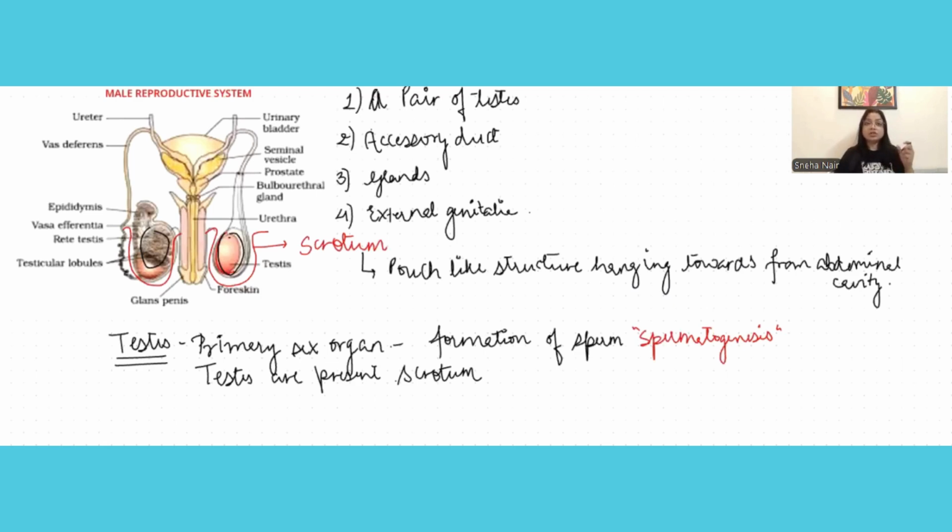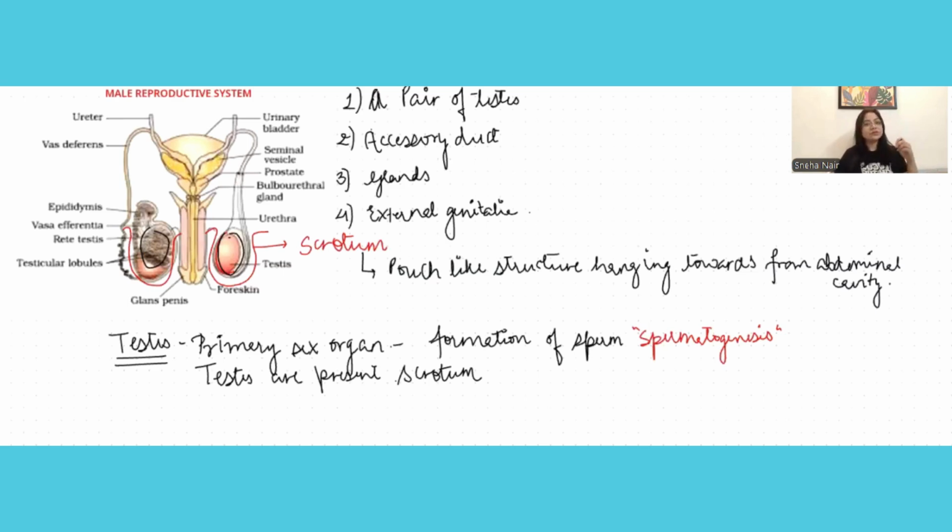Now, what is the role of this lower temperature? This temperature is required for spermatogenesis, that is formation of sperms. If this temperature is not present, if there is a higher temperature, then what will happen? Spermatogenesis will not take place.